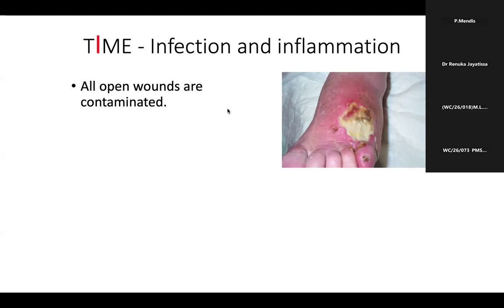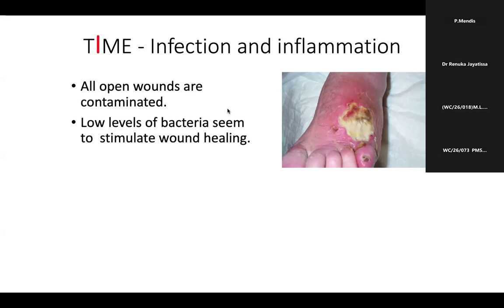There are bugs all over the place. So if you surface swab any of these wounds, you'll always have a positive culture sample. But that does not mean that that is the one that is going to cause problems. It is the high levels of bacteria that cause detrimental effects by stimulating the host response and attacking the host system.